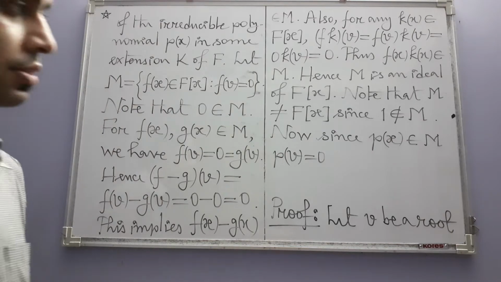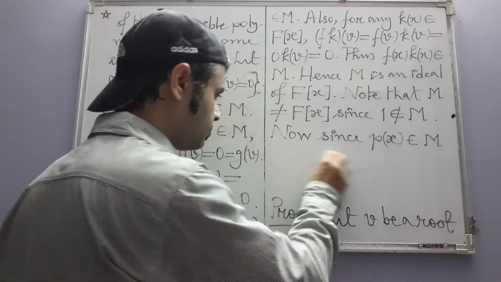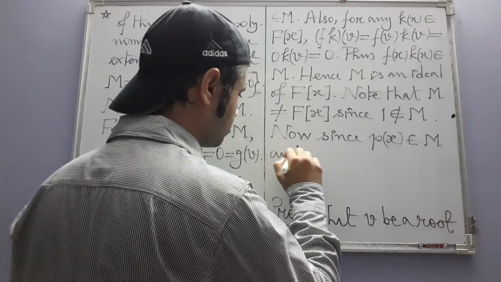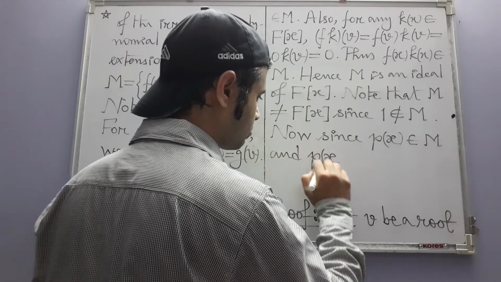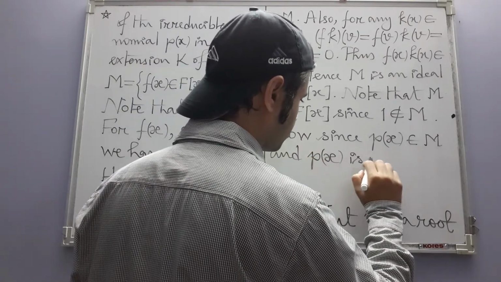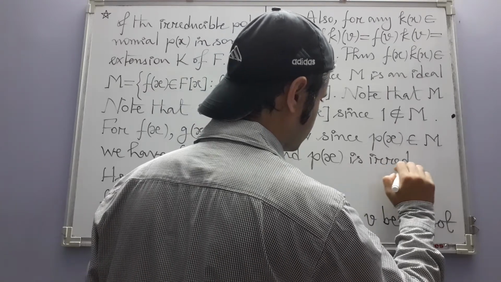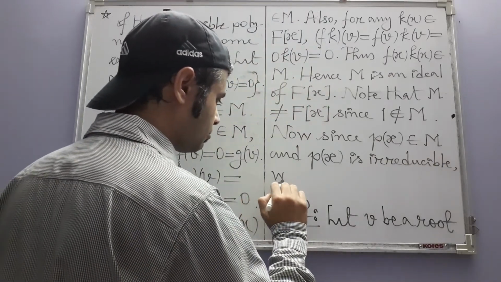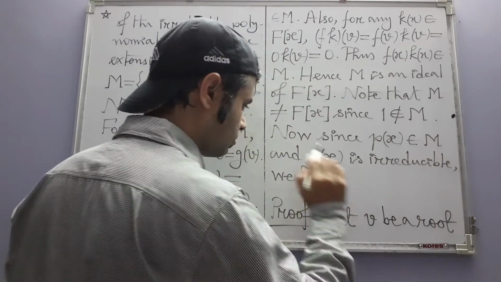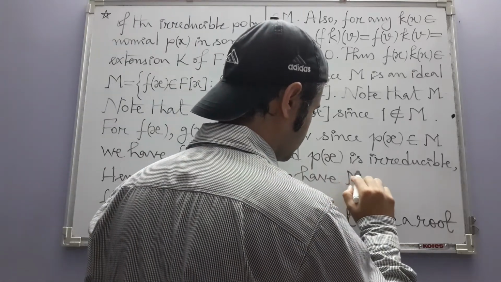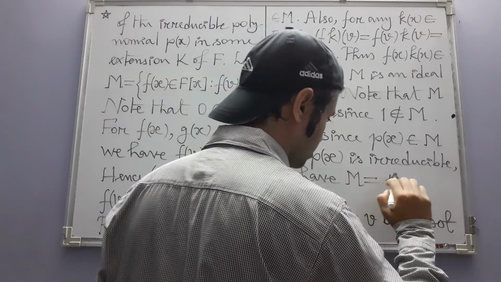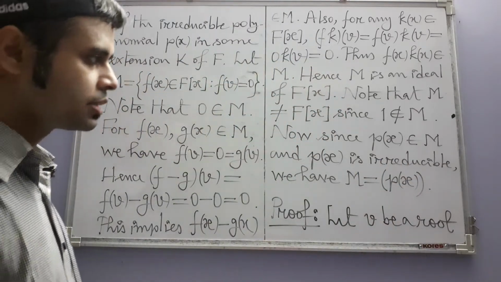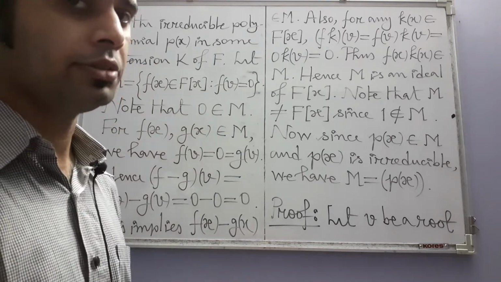Now since p(x) belongs to M and p(x) is irreducible, we have M equal to the principal ideal generated by p(x). The question is why. I leave this why to you.